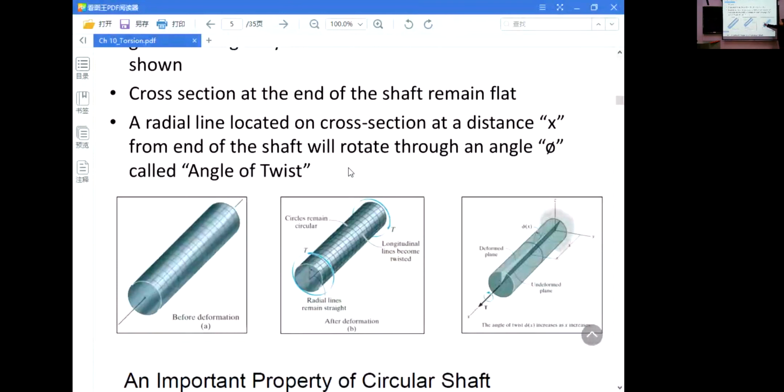This is the deformed plane, and this is the undeformed plane. The angle is the deformation of the shaft.